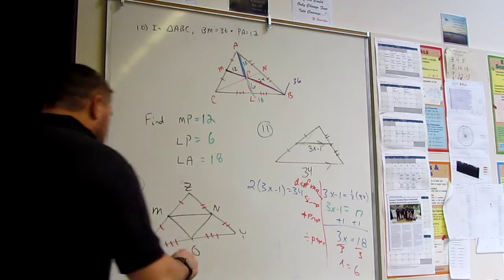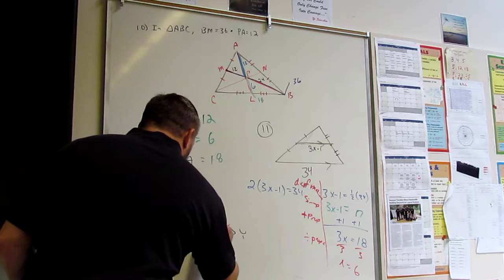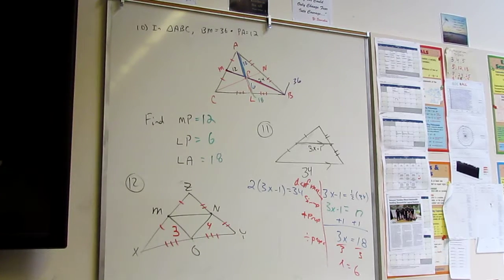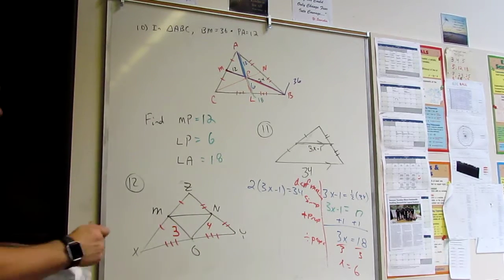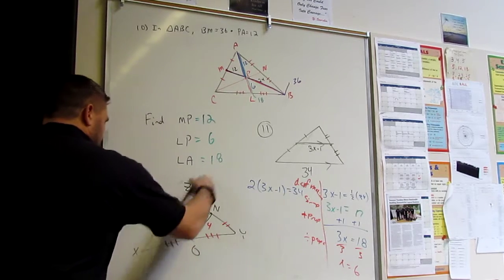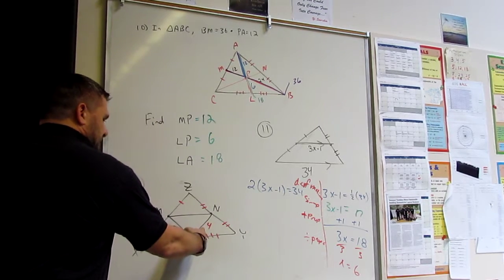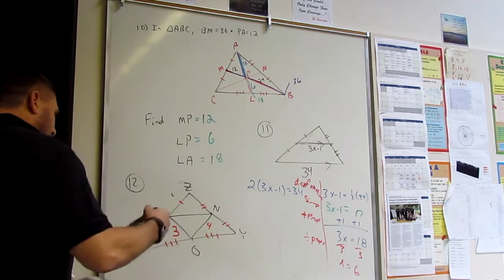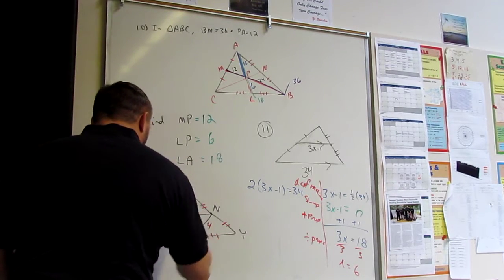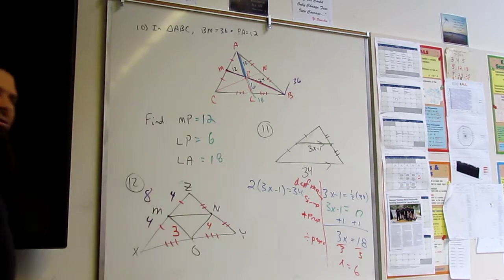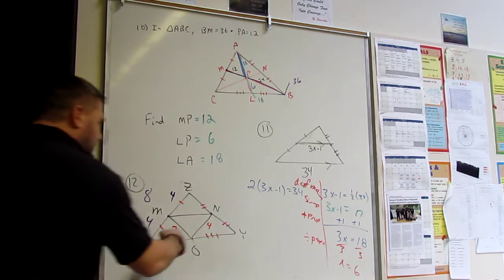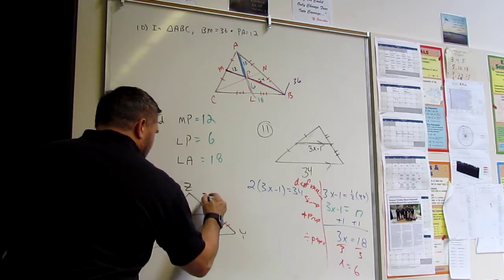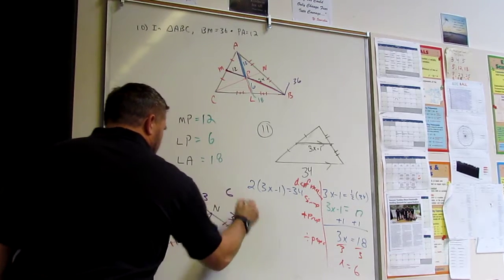And it's actually really cool because if this is 3 and this is 4, well, what do we know about this? It's twice as big as this. So it would be 4 and 4, which is 8. And this side would be 3 and 3, which is 6.